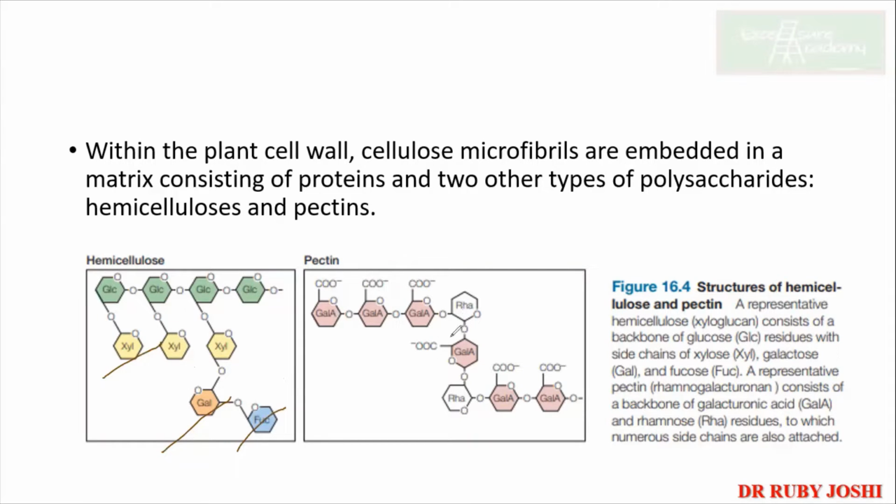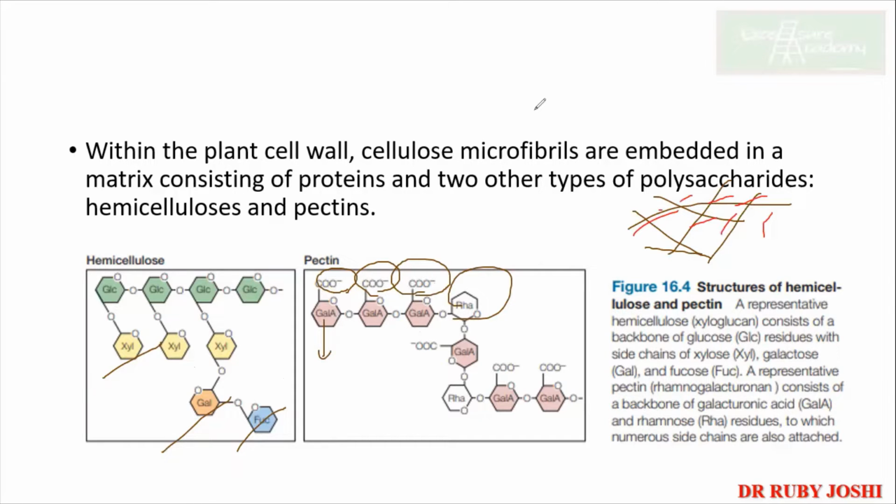Now, coming to the pectin, in the case of the pectin you have got galacturonic acid. This stands for galacturonic acid. And then we have got rhamnose. Okay. Now, what you see is that the pectin has got negative charge. Okay. And in the network of cellulose, between them you have got hemicellulose present.